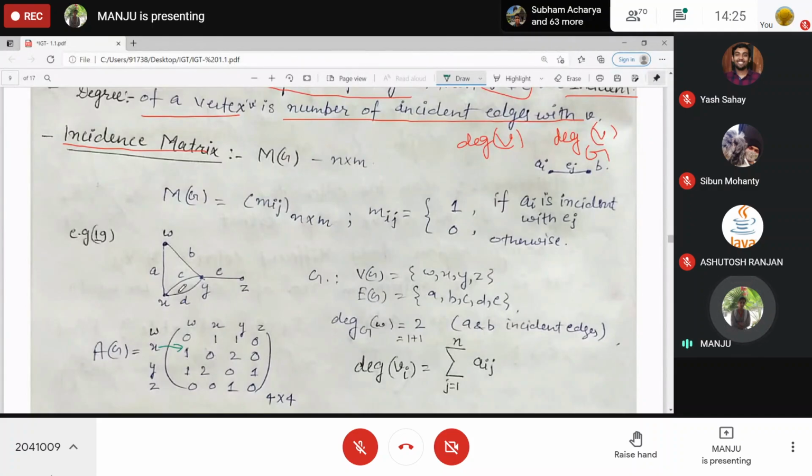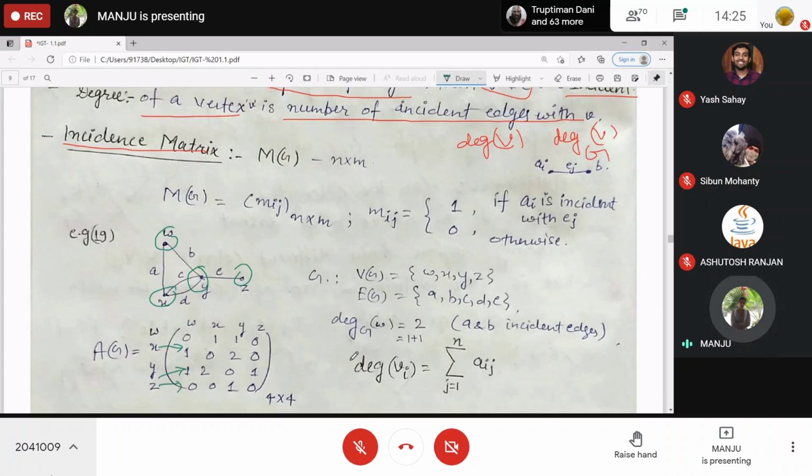What can you say about this graph? Is it 3 or 4? 3, right? Same for Y. Degree of Y is 4. Degree of W is 2, right? Here 3, here 1.